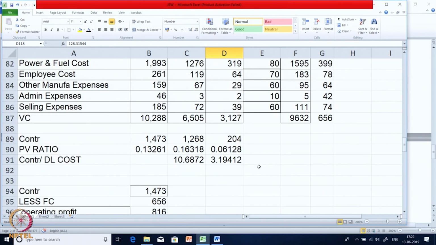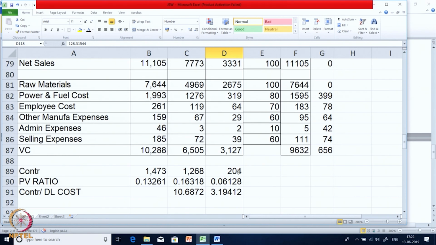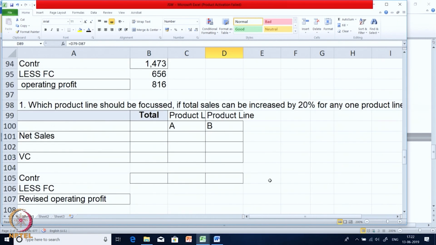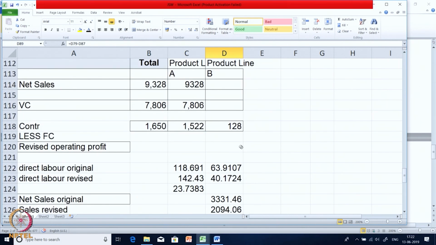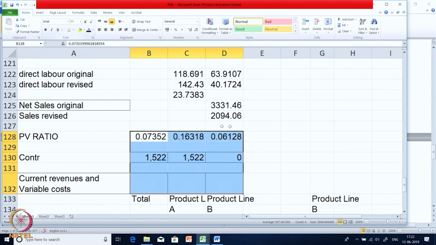So the original contribution from B, which, if you remember our last calculation, was 208, has now come down to 128. I will show some more calculations for clarity. You can also note their PV ratios and the contribution.